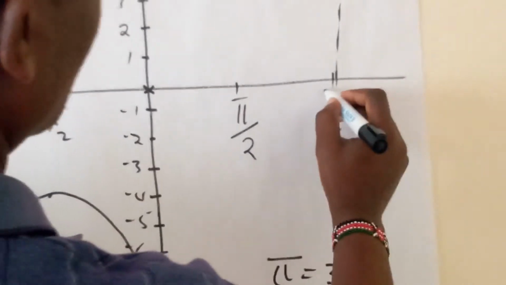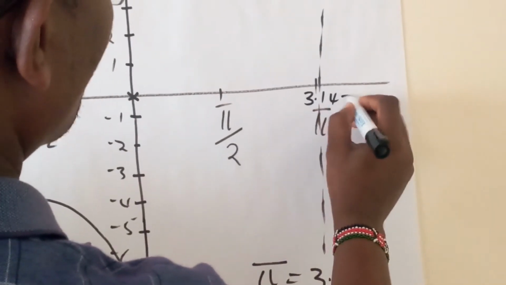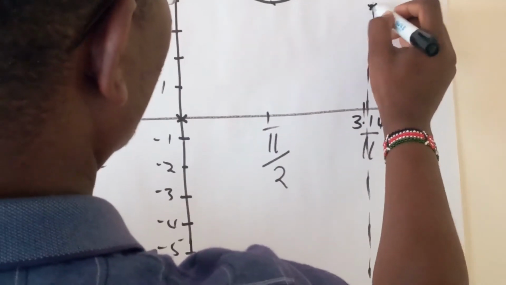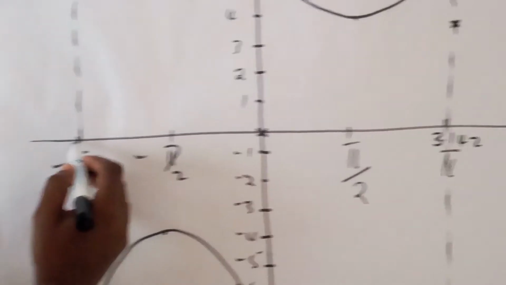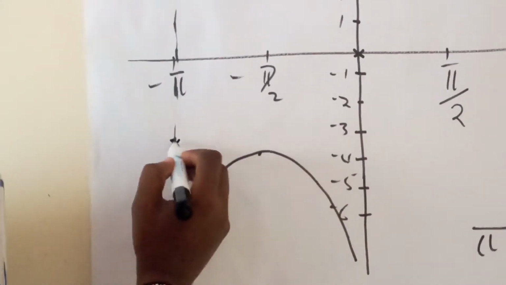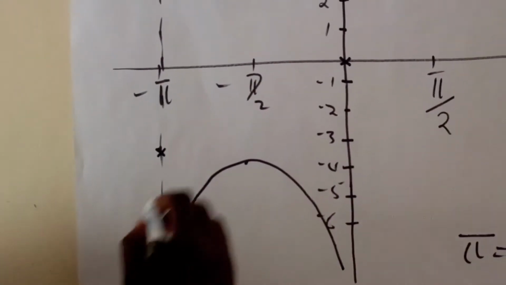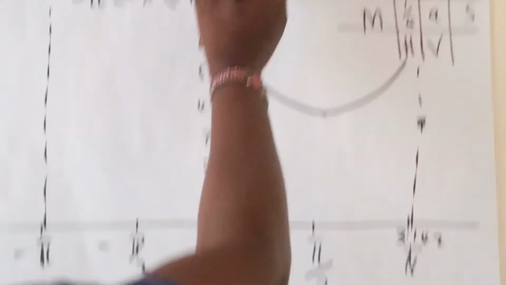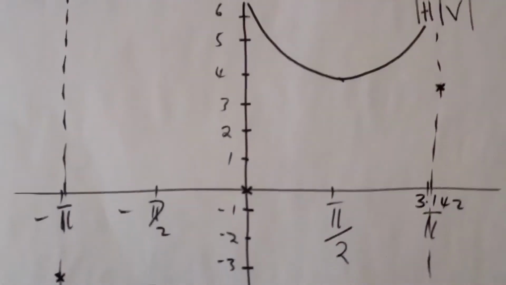So when x is 3.142, y should also be 3.142. And when x is minus 3.142, y should be minus 3.142. And of course, it passes through the origin because the equation is y is equals to x.